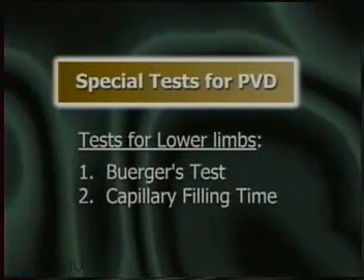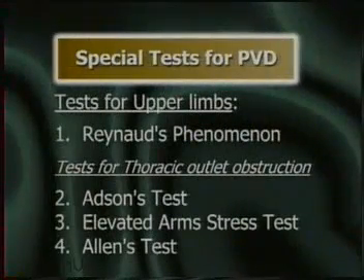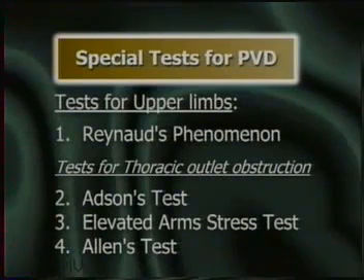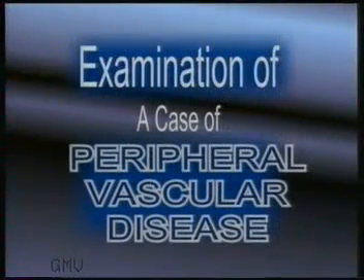Lastly, we performed the special tests for peripheral vascular disease. In the lower limb, we performed the Buerger's test and capillary filling time. In the upper limb, Raynaud's phenomenon, Adson's test, elevated arms stress test and Allen's test. This completes the study of examination of a case of peripheral vascular disease.